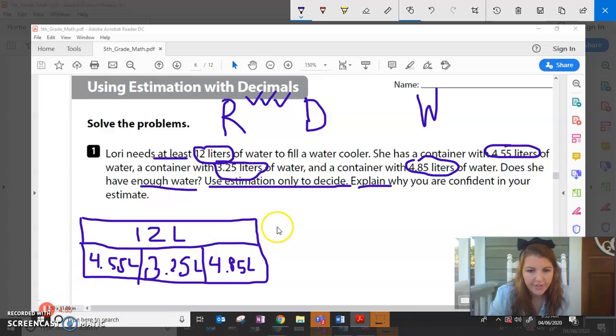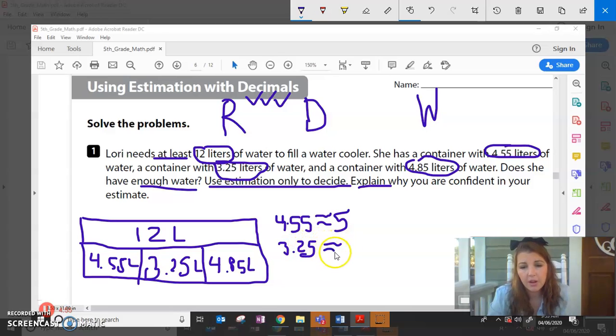So 4 55/100 is my first amount. If I round that to the nearest whole so that it's easy to work with, 4 55/100 would round to 5 wholes because 55/100 would round up to another whole. 3 25/100 is the next amount, and 25/100 would round down to 0/100, so that would just be 3 wholes.